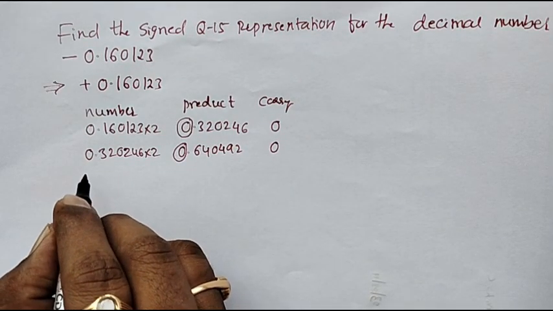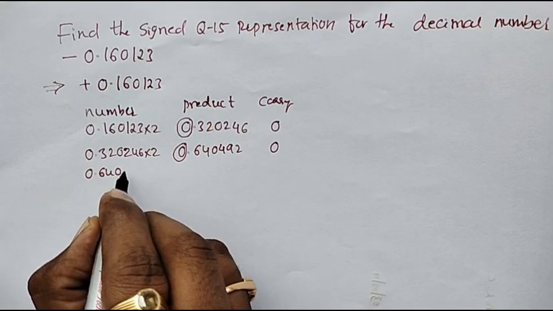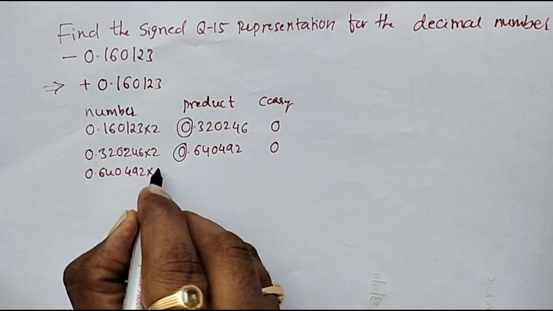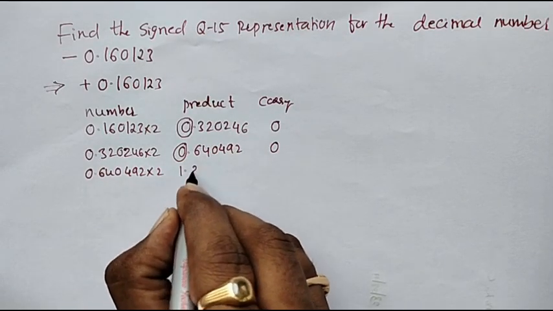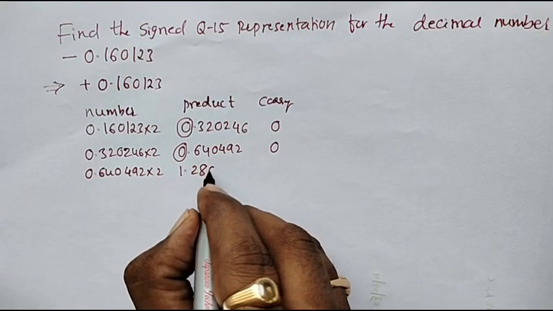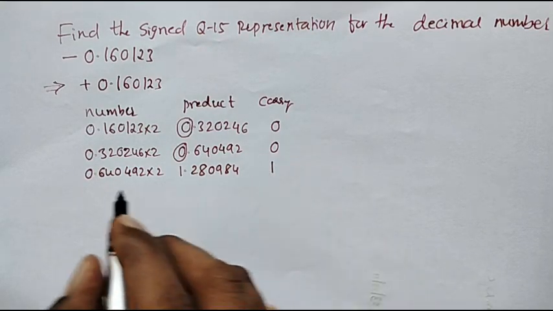This process should be continued 15 times. So this 1 should be represented here.